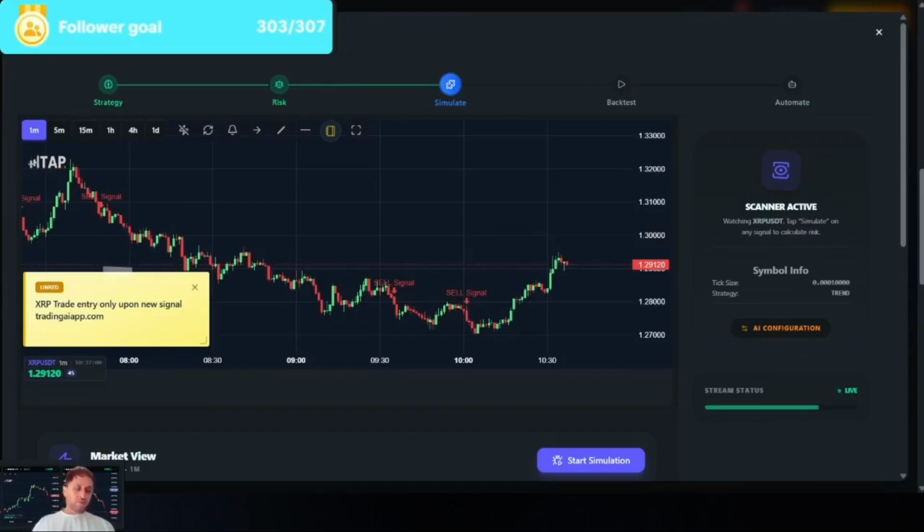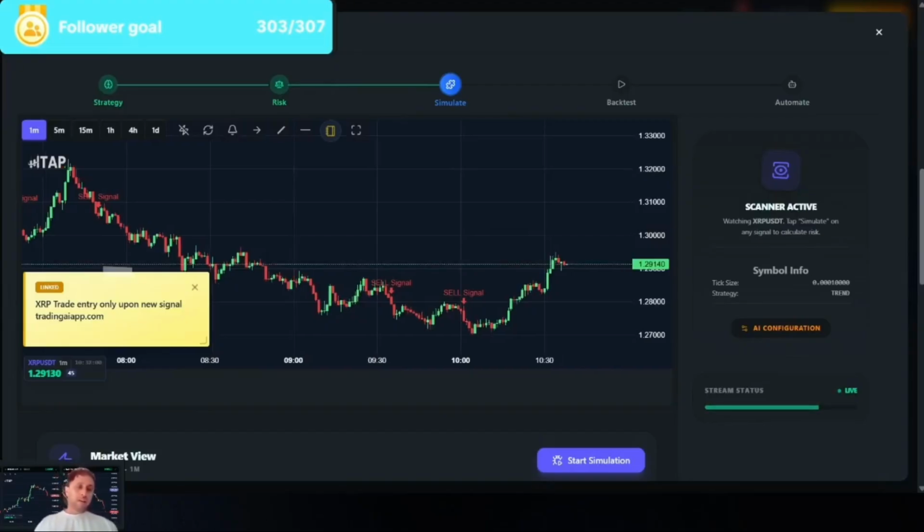Should I connect with a tap tool? Tap tool, what do you mean by tap? Okay, the application, all right. You don't have to connect your broker with the tap tool.